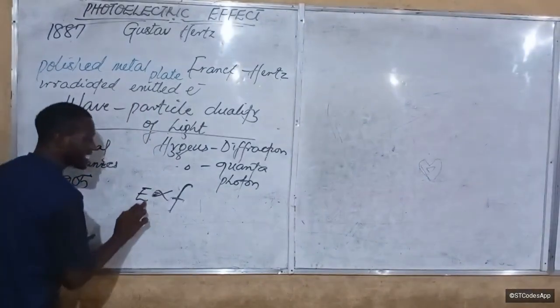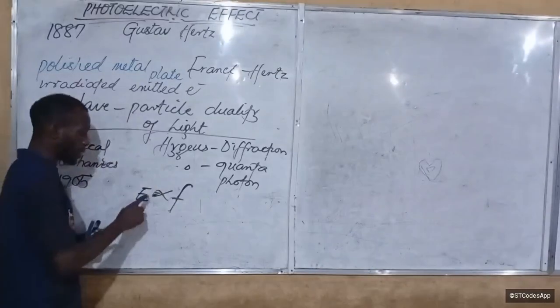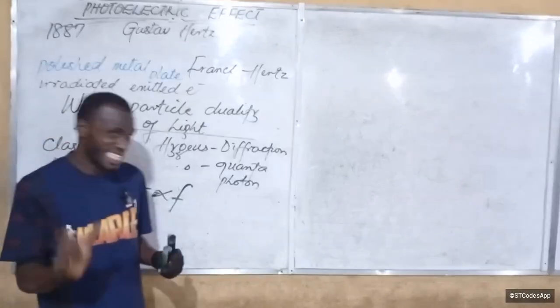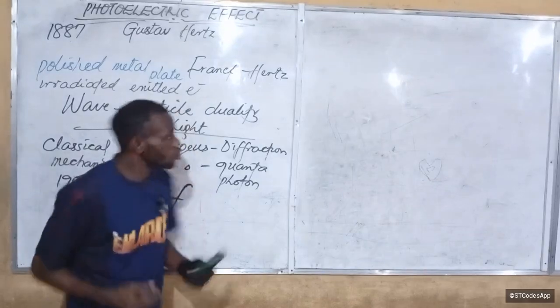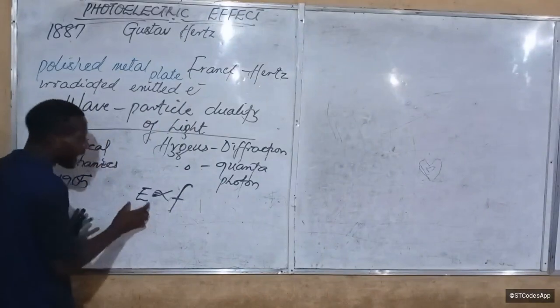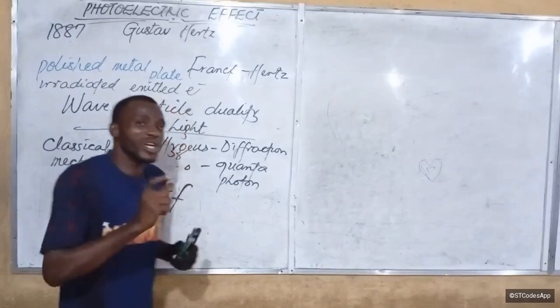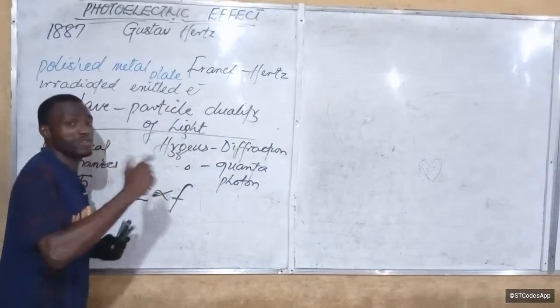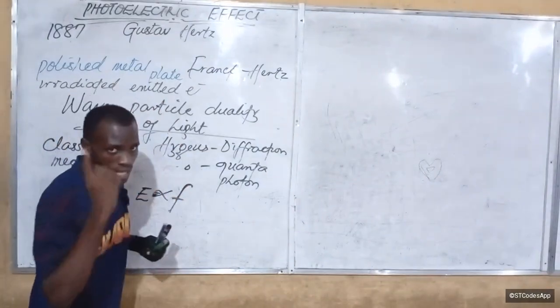Photon is basically the small packet of energy in which light travels, which proves the particle nature of light. So that amount of energy depends on the frequency of light, which must be greater than a particular frequency for the ejection of electrons at all.